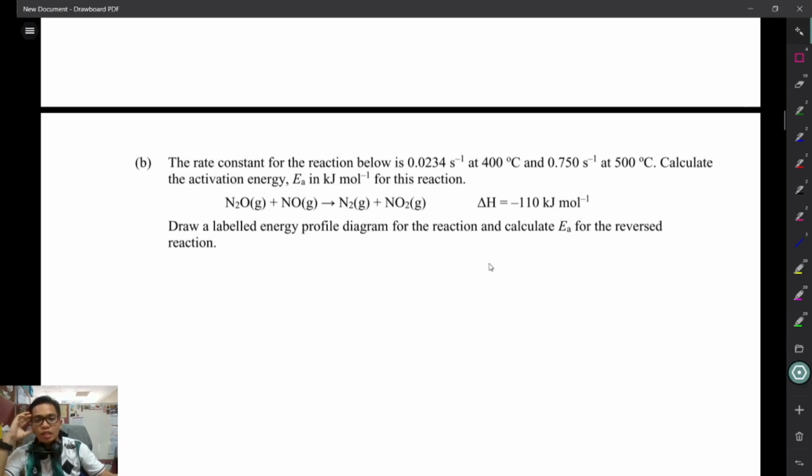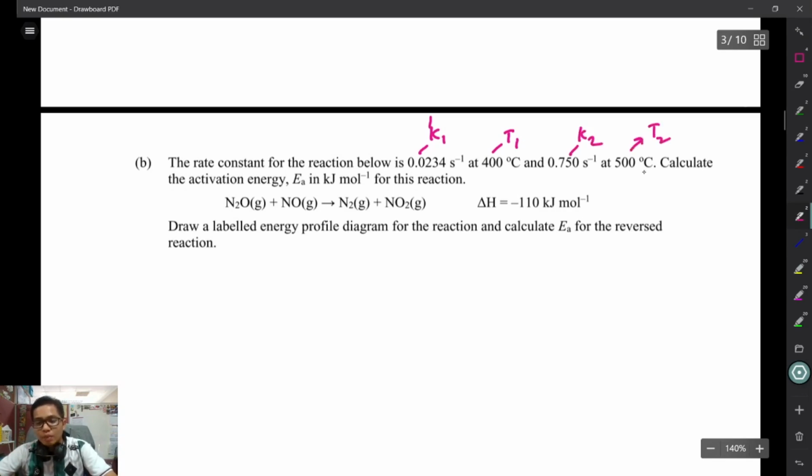Calculate the Ea in kilojoule per mole for this reaction. So we label this one as k1 and T1, and this is k2 and T2. Remember, temperature must be converted into Kelvin, so plus 273.15.